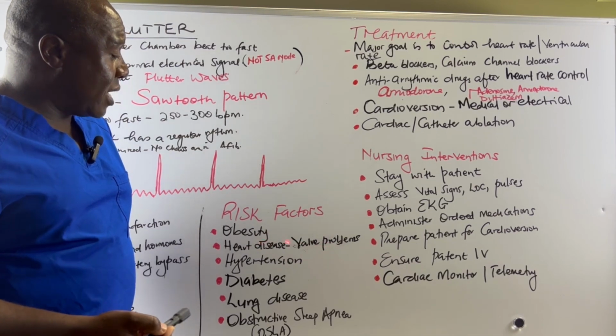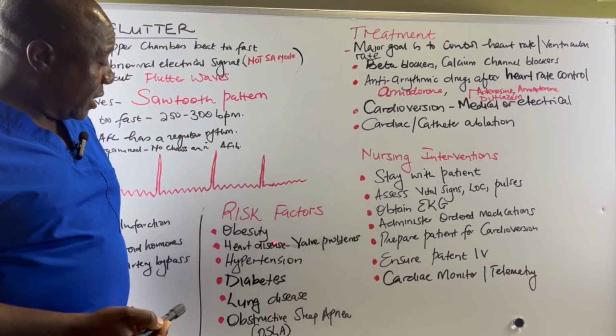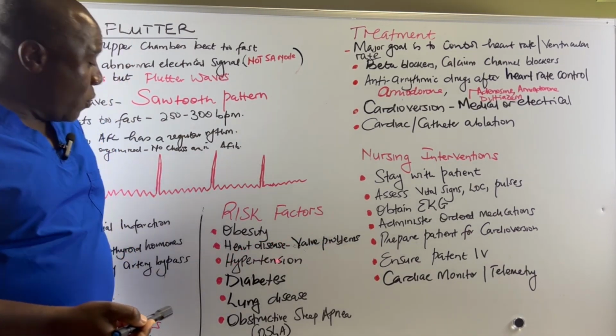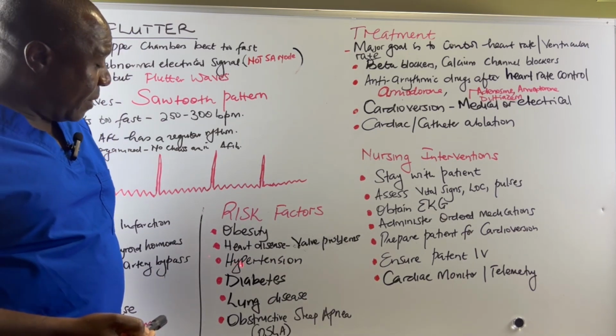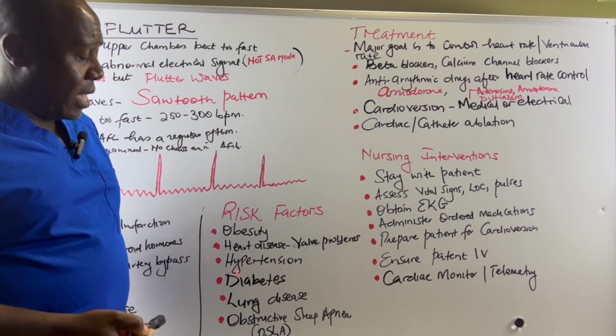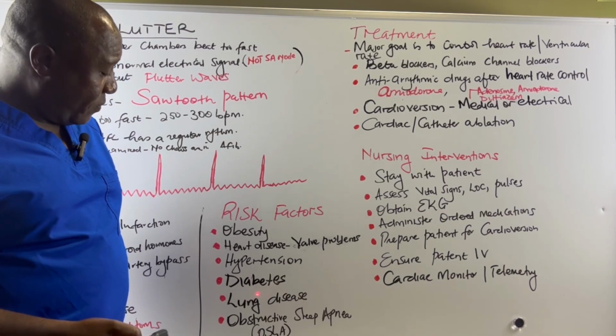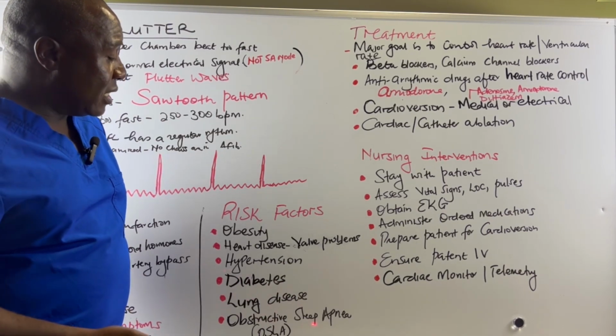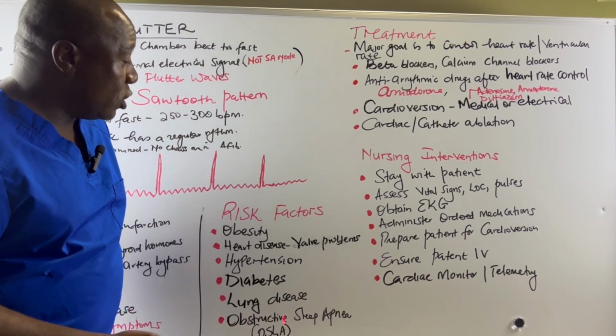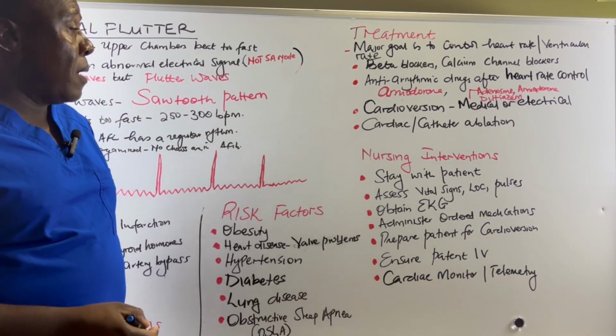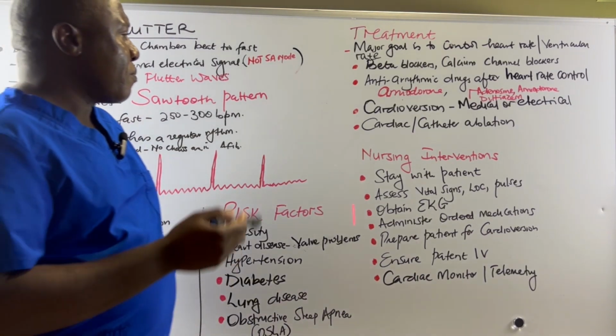Those conditions can send a patient's rhythm into atrial flutter. We have hypertension, high blood pressure, diabetes, elevated blood glucose. We have lung diseases, and even obstructive sleep apnea has been known to trigger atrial flutter.